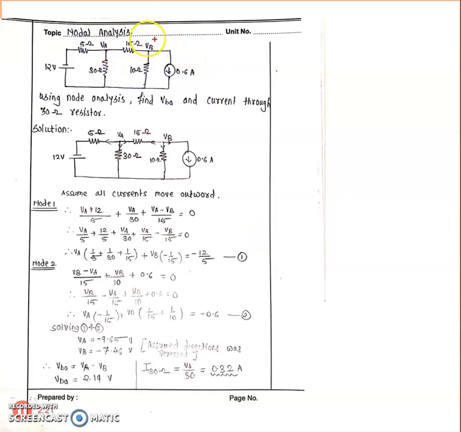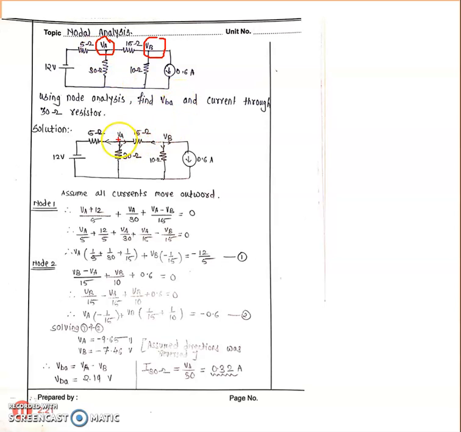This is the problem for node analysis. Here they have given the nodes VA and VB as principal nodes, two nodes in the circuit.